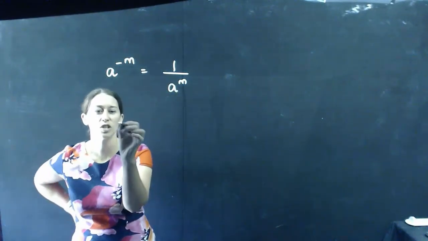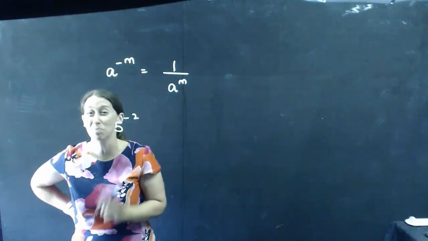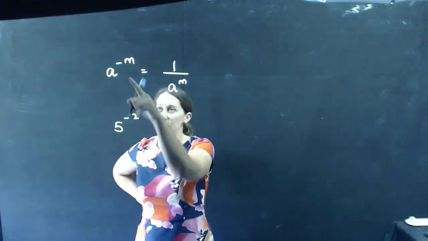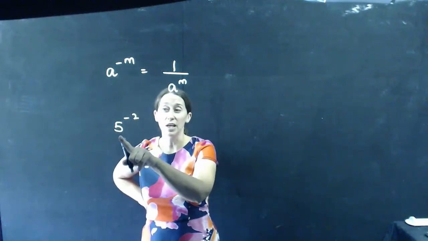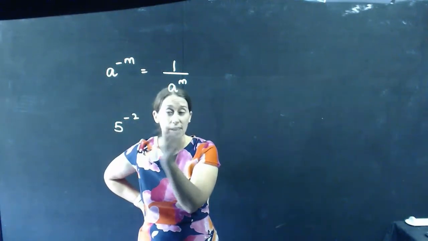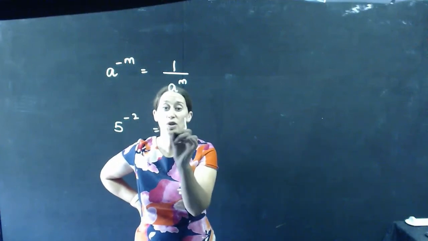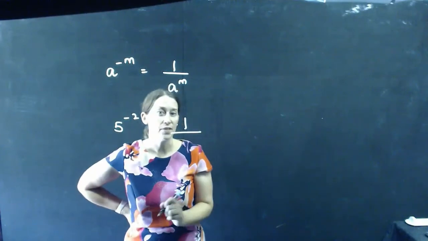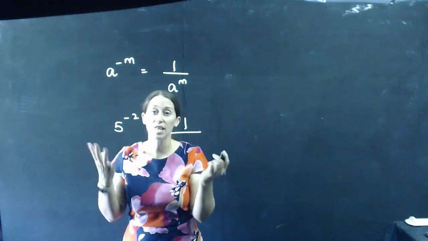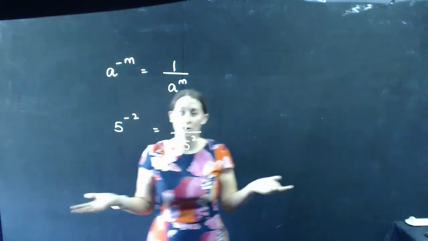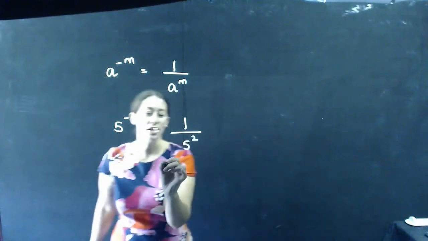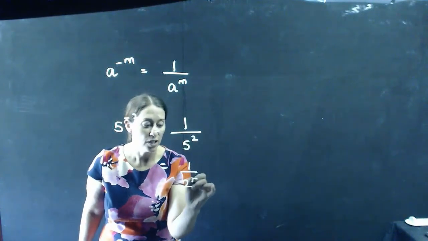So let's turn 5 to the negative 2 into a positive index. Following the general rule above, the base is 5 and the power is negative, so it's automatically 1 over, and then the power becomes positive, so 5 squared. If you're asked to evaluate that, clearly it would be 1 over 25.